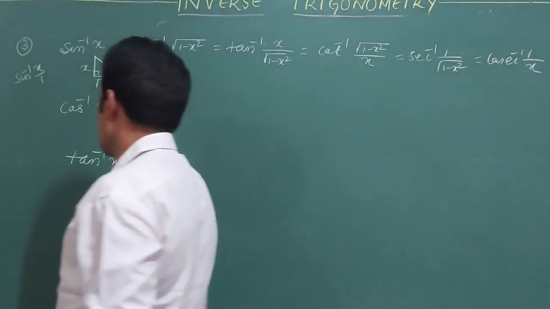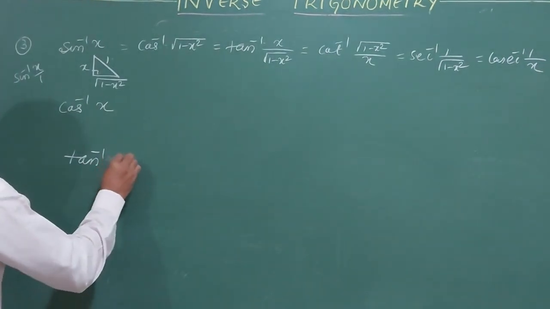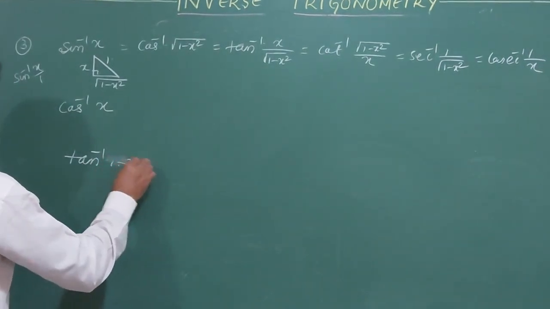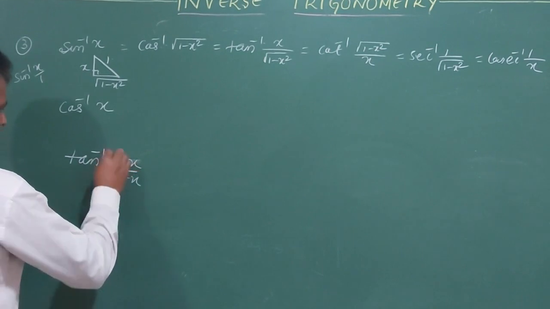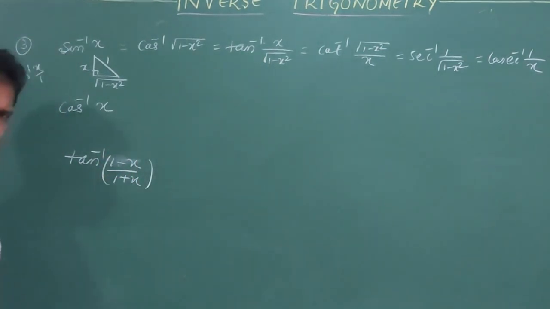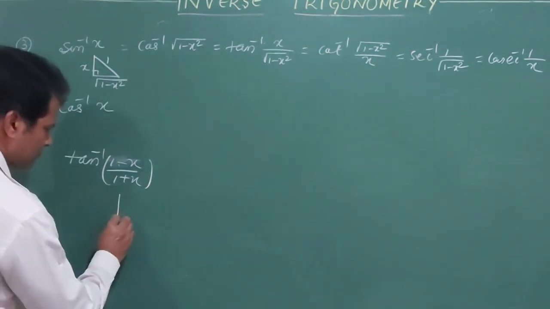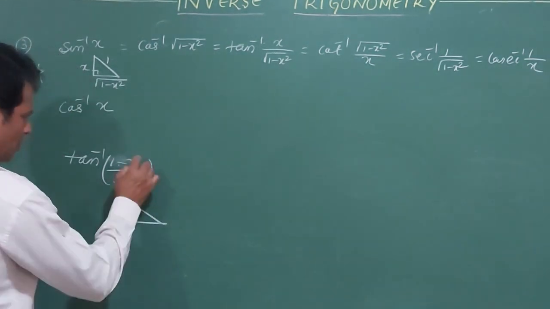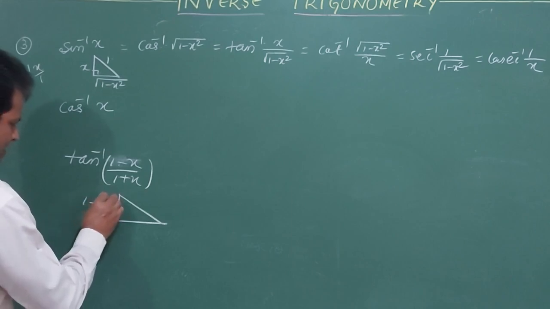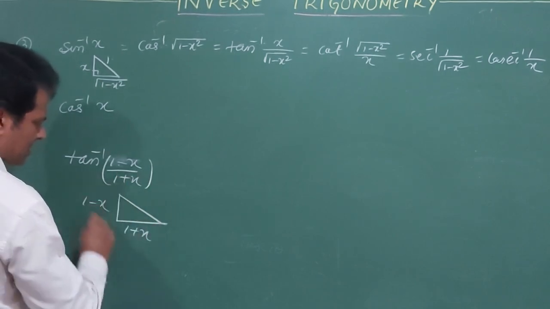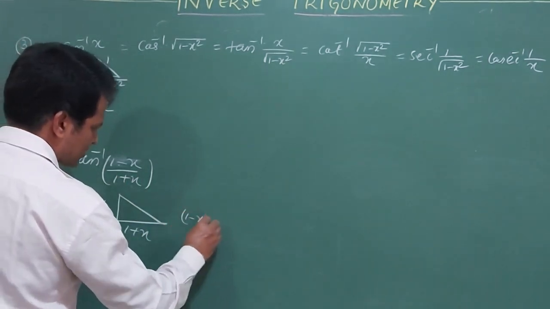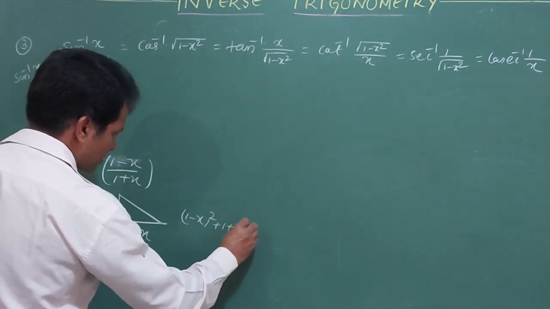Suppose in the examination you get tan inverse of 1 minus x by 1 plus x, and they ask you to find out the rest. Again, go for a right angle triangle. Perpendicular 1 minus x, base 1 plus x. Let us find the hypotenuse: square root of 1 minus x whole square plus 1 plus x whole square.